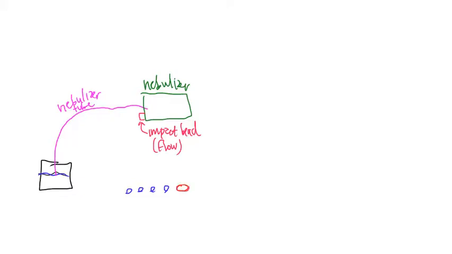I'm just going to draw it right here. When this liquid sample goes into the impact bead, it splits the sample up into little bitty droplets. That's the purpose of the impact bead. It makes drops. Smaller ones, at least.